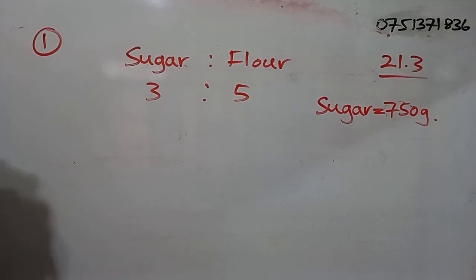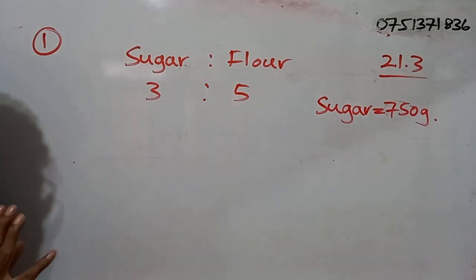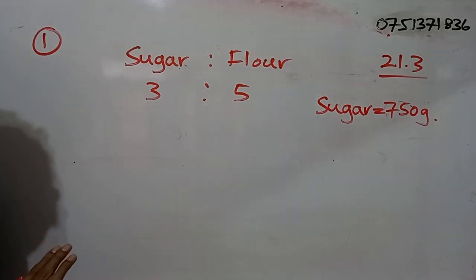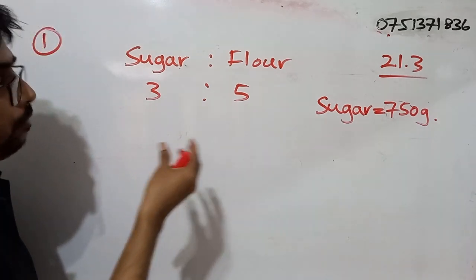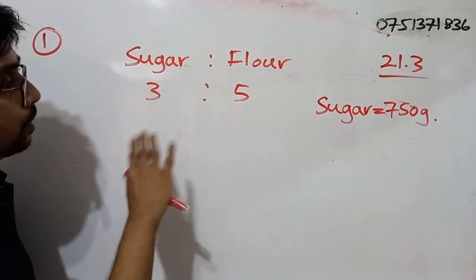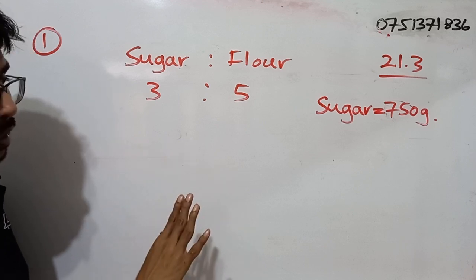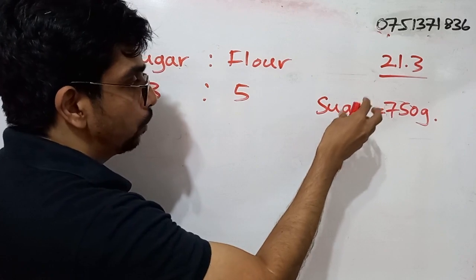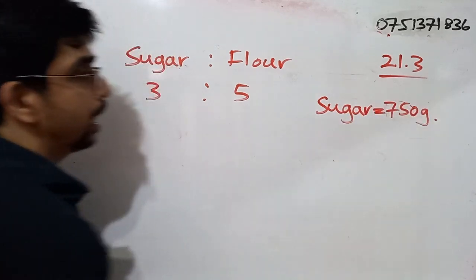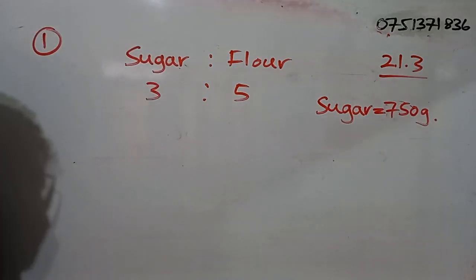Okay, so first of all, we have to try to understand this question. Sugar and flour were mixed in a certain ratio, and the amount of sugar that was used is 750 grams.